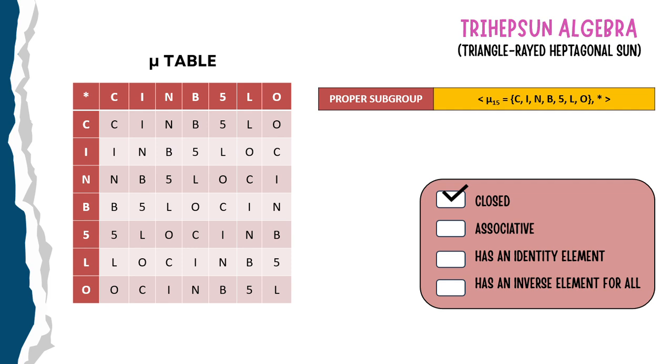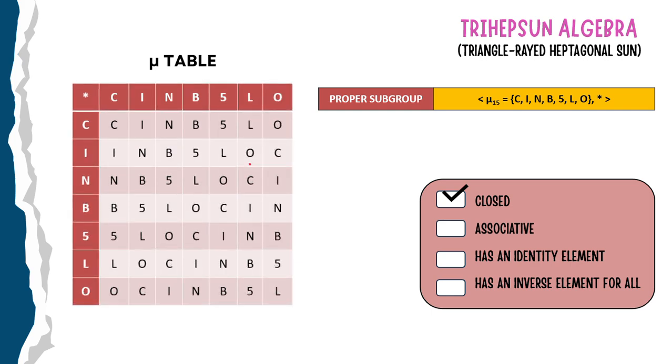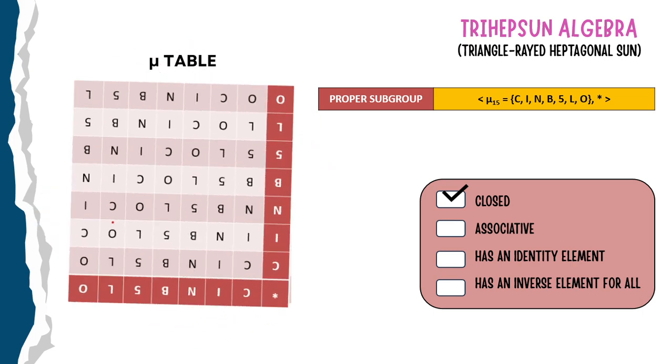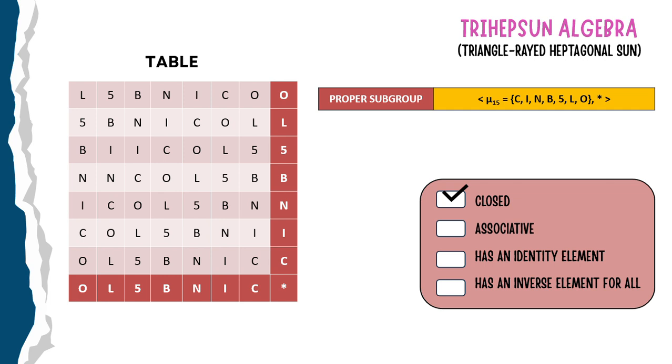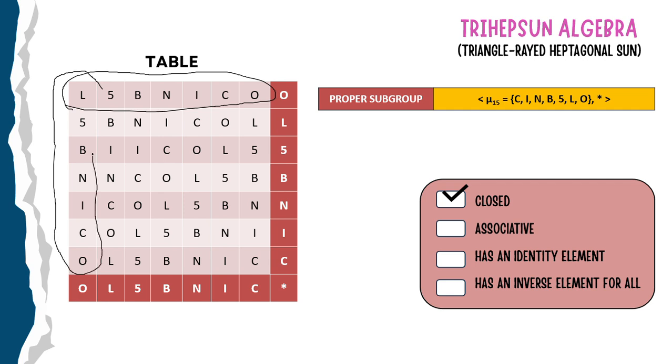To check if it is associative, let's rotate the table 180 degrees. We will now have this table. As we can see here, the table is not arranged in the position of the original one, right?